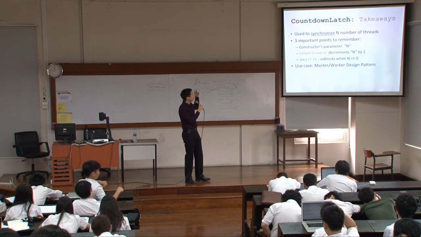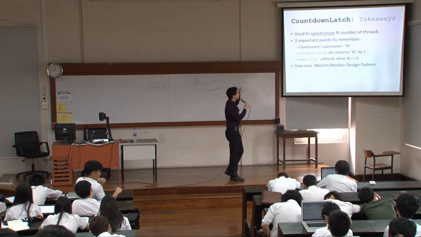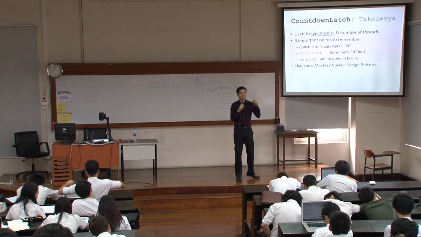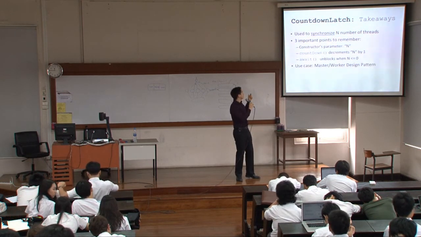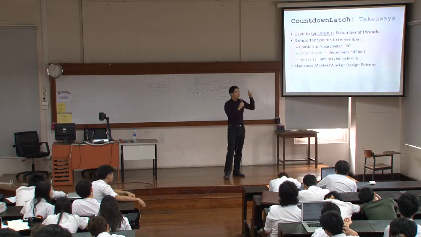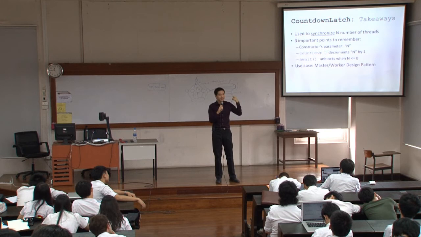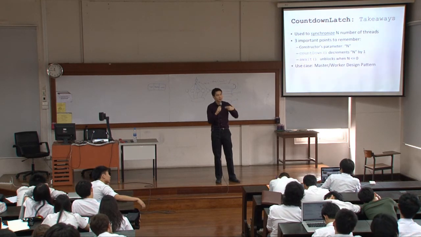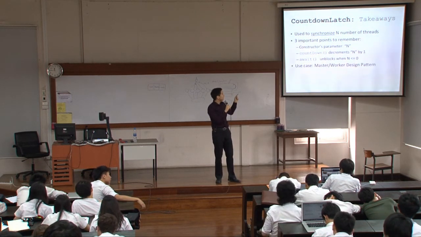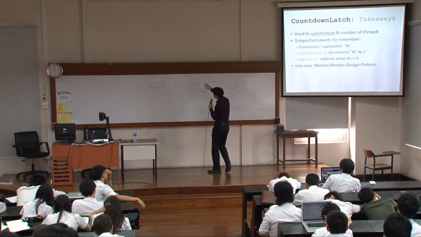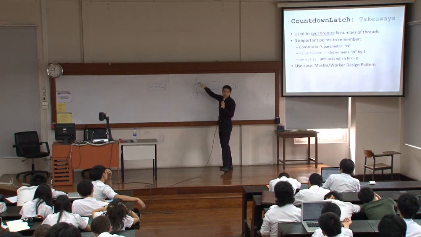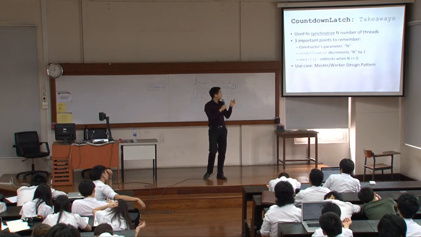The three important points to remember: the constructor's parameter n is the number of threads you want to wait for. Secondly, the method countdown is the method that you use for each thread to decrement the count. And lastly, the main thread is the one that's going to be calling the await method.